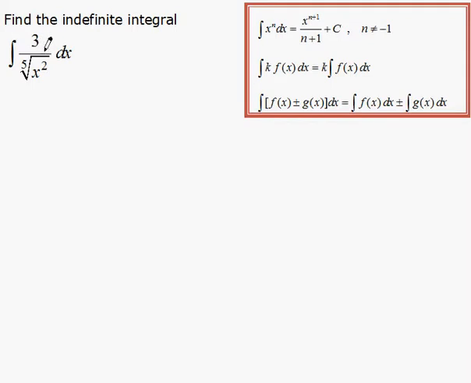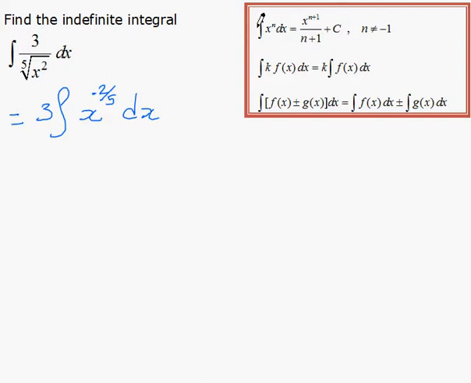The next example is actually using less rules, but needs to be rewritten to integrate. So we can take the constant out first. The 5th root of x squared is in the denominator, so we can write it as x to the 2 over 5, make it negative to take it up top.